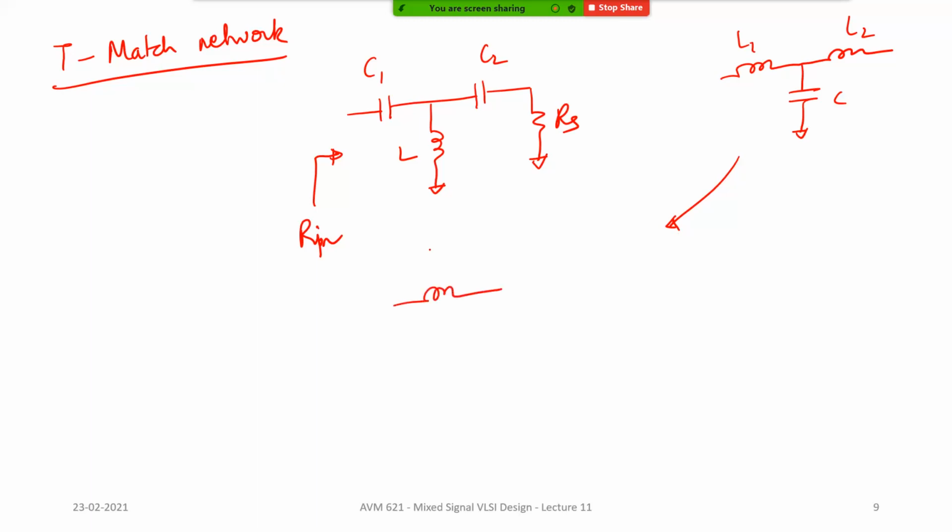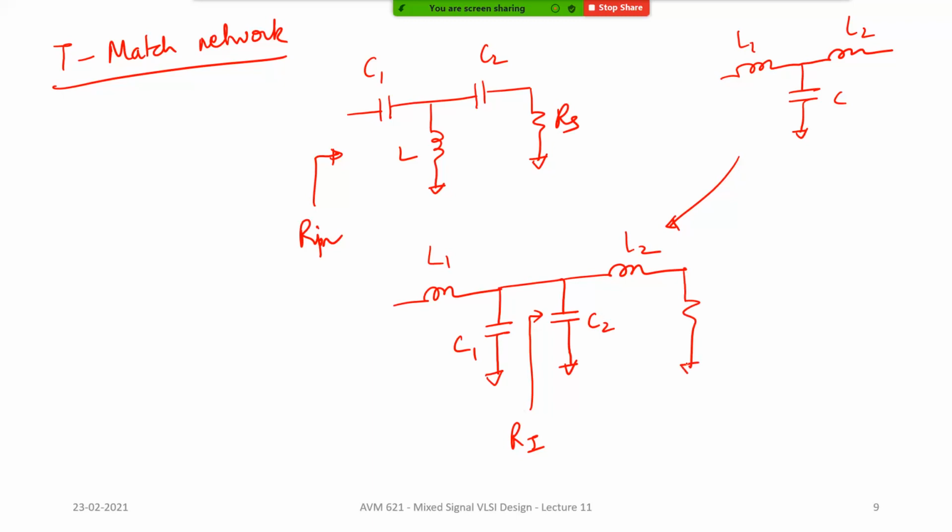So this can be understood as L1, let's say C1 in shunt with C2 and L2. Okay, so now here you get your intermediate impedance, right? Let's say you have your RS here because it's in series with the inductor. Okay, and you get a certain R in.